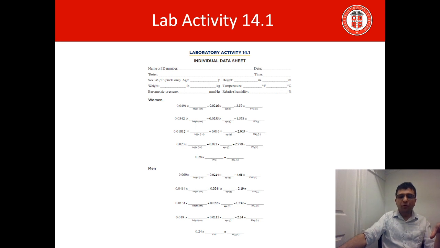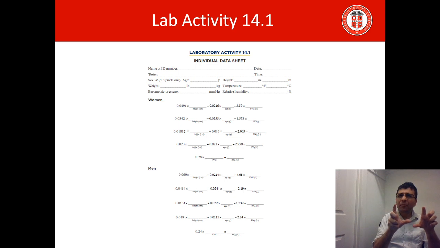Now, before moving on to this activity 14.1, I want to summarize what we have talked about. We started our discussion with why we need to know about PFT. Then we quickly talked about the mechanics of respiration. Then we talked about the technique of spirometry, the steps of spirometry, and we talked in quite a lot of detail about the static lung volumes and capacities and the dynamic lung volumes and capacities.